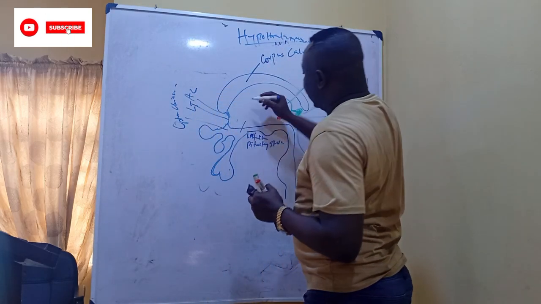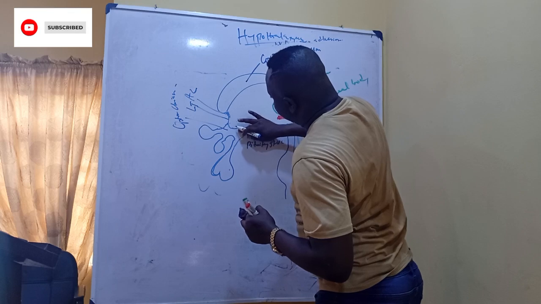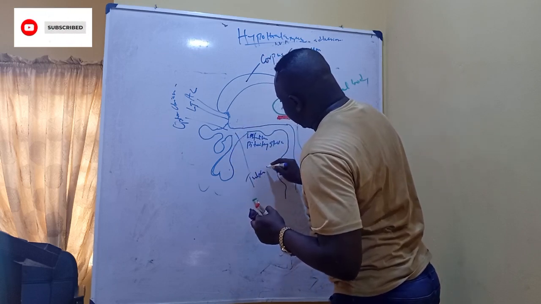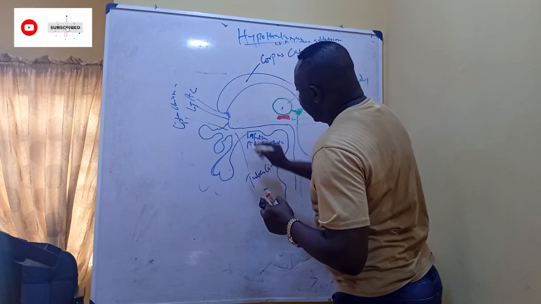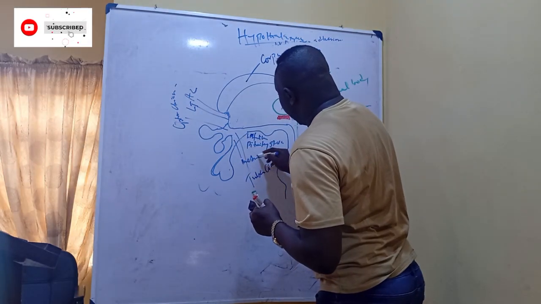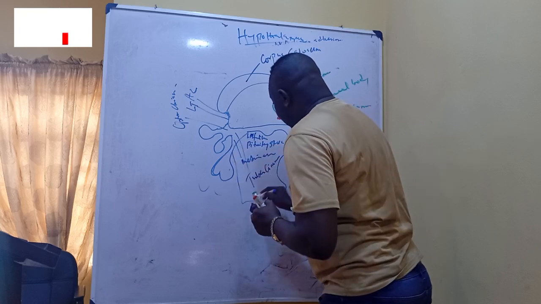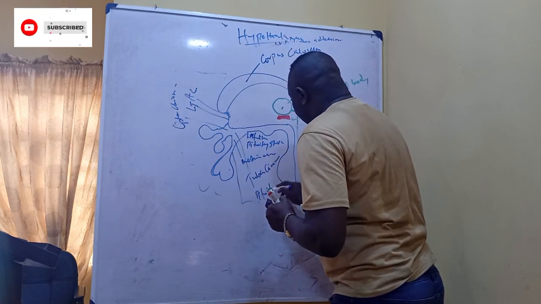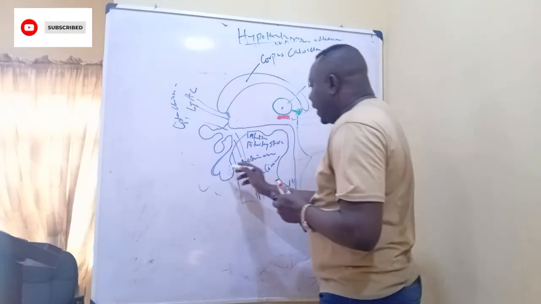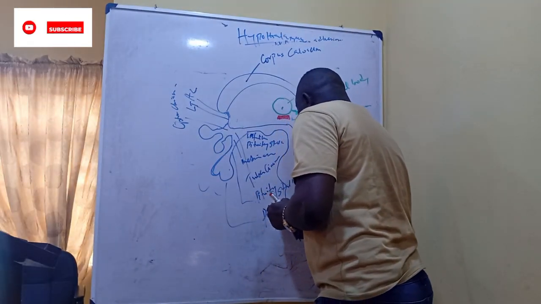This is the tuber cinereum. And then we have the median eminence, right? Yes, sir. We have the pituitary stalk. And then we have the pituitary gland.